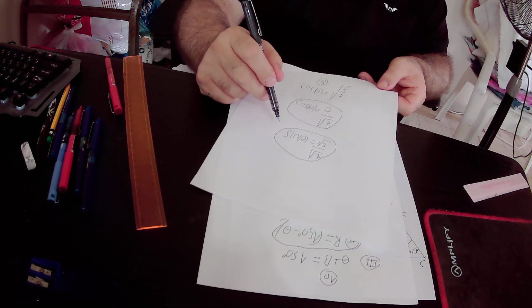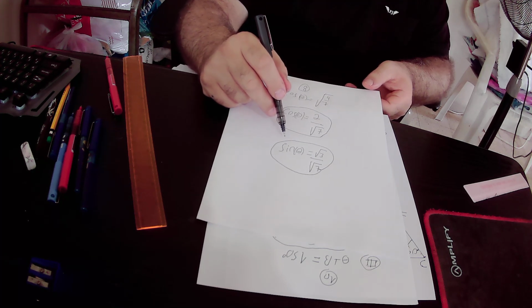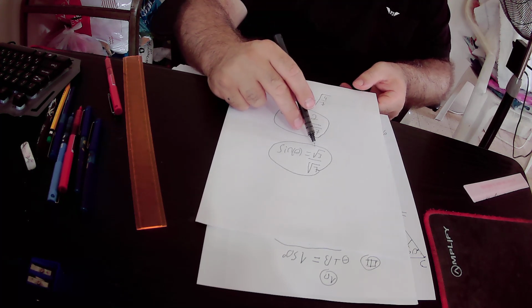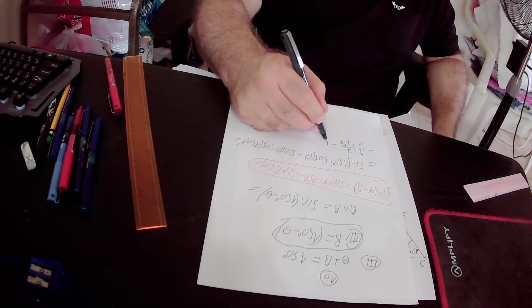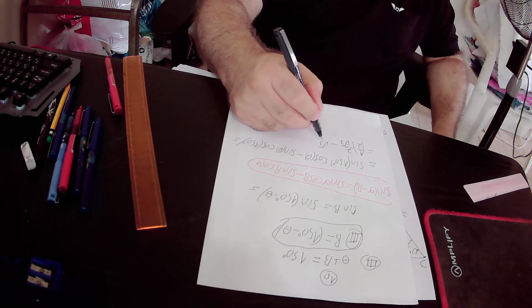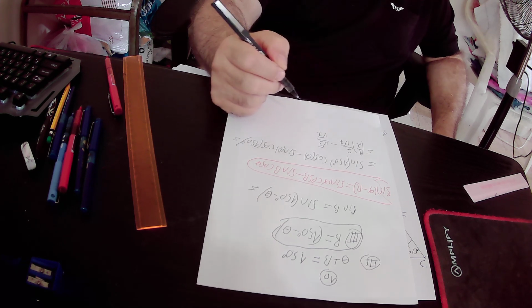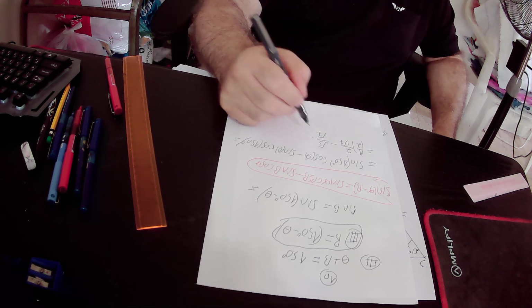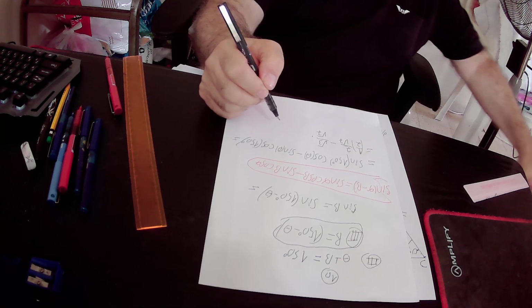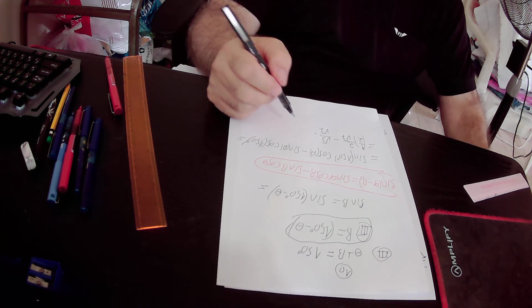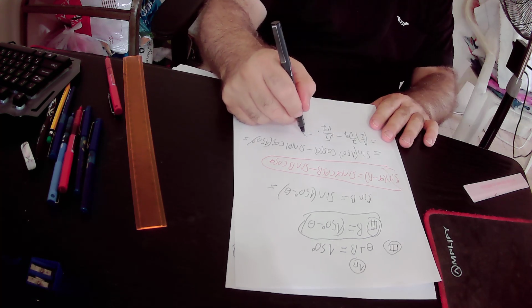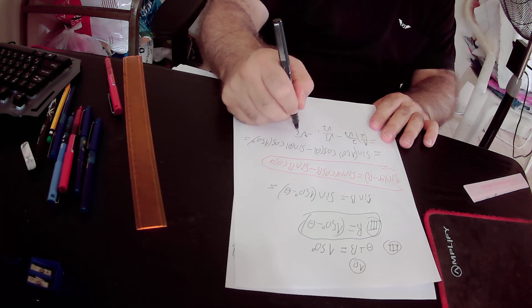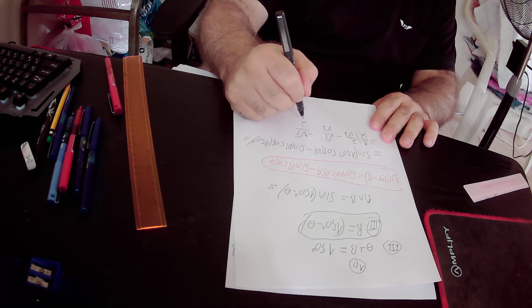We have already found out the value of sine theta. Sine theta equals root 3 over root 7 times cosine 150 degrees, which is actually minus root 3 over 2.